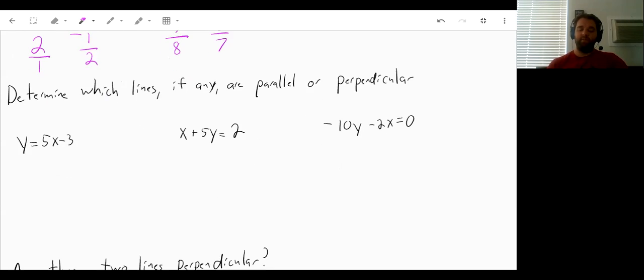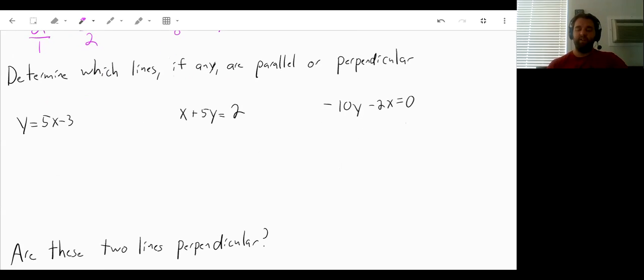So now let's figure out from these 3 lines here, which are parallel, which are perpendicular, or are some of them neither? Well, all of it depends on the slope. The other points don't actually matter. So our slope for the first one is 5, or 5/1. For this next one, we need to figure out what the slope is. So we need to solve for y to get it into slope-intercept form.